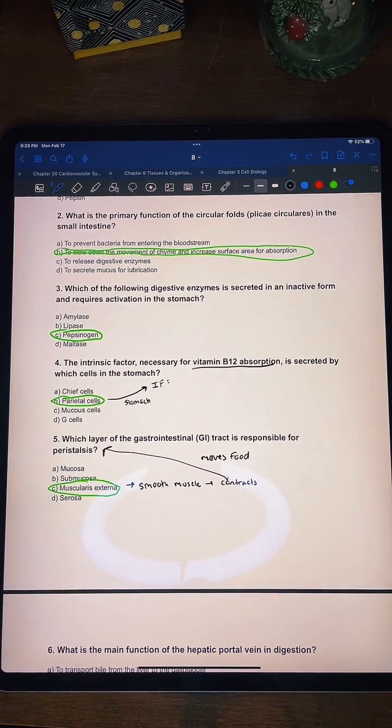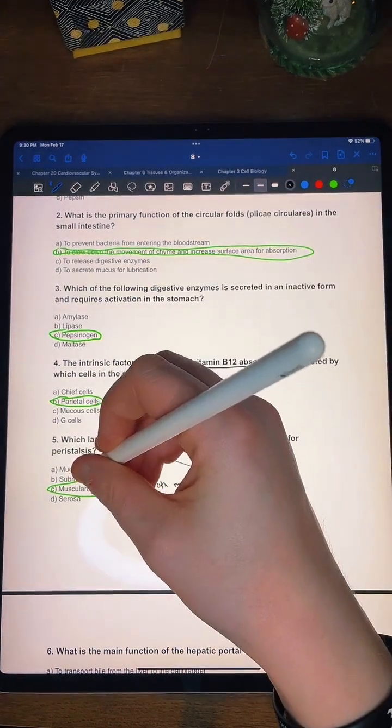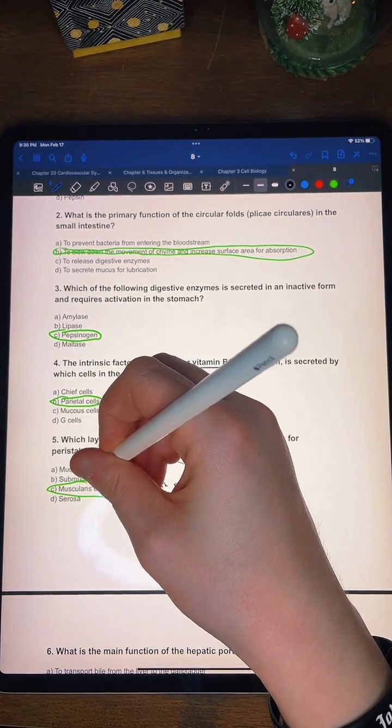It has wave-like contractions, things like that. Were we good on that, or do we want to move on? Was anyone confused on that now? The mucosa is responsible for secretion, absorption, protection.